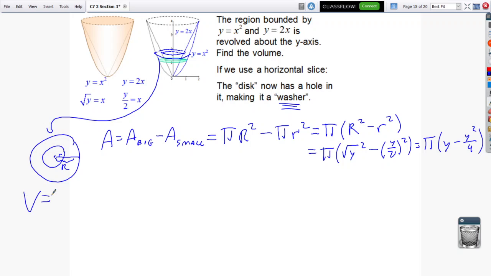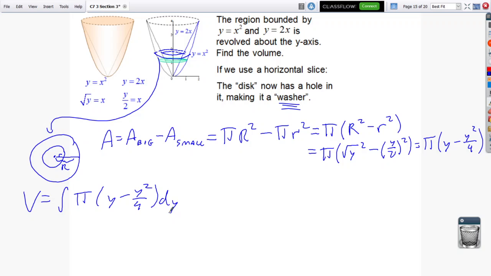So our volume, again, we've got the area of our cross section is going to be the integral of pi times the quantity of y minus y squared over 4 dy. Now here we're not given our limits, so we do have to find our limits.